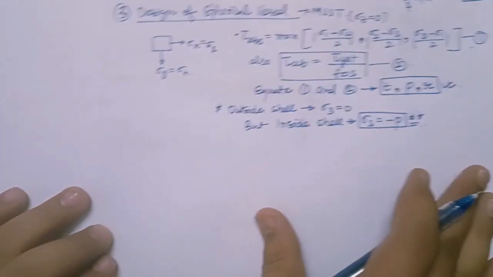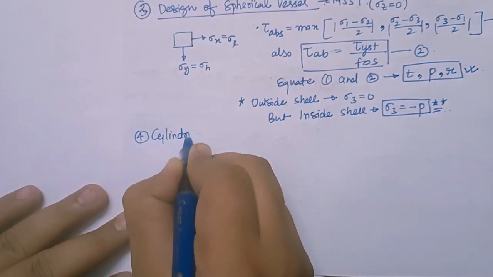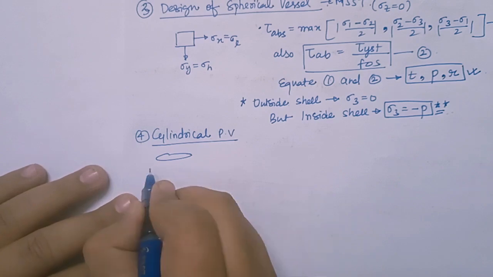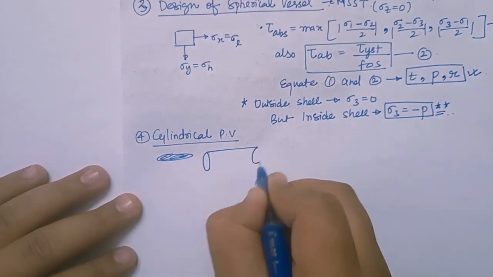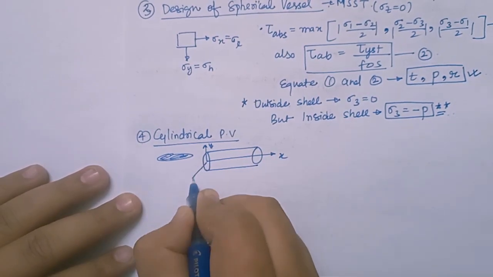Now let us move on to the cylinder. Cylindrical pressure vessel, right? Let us take, for example, I'm drawing a cylinder like this, and we are taking the standard things. This is x, this is y, and this is z axis.